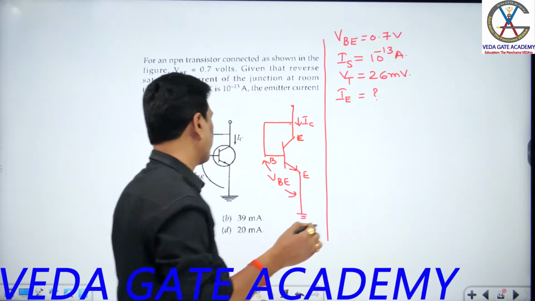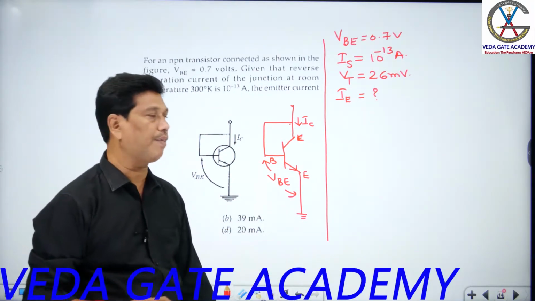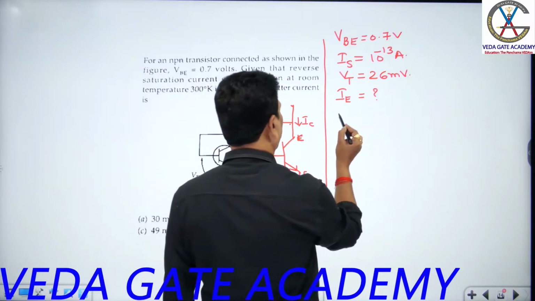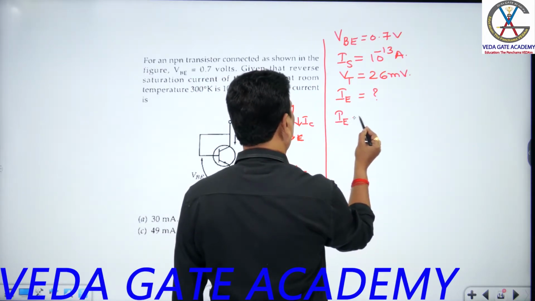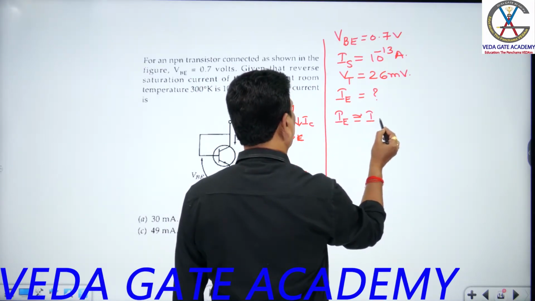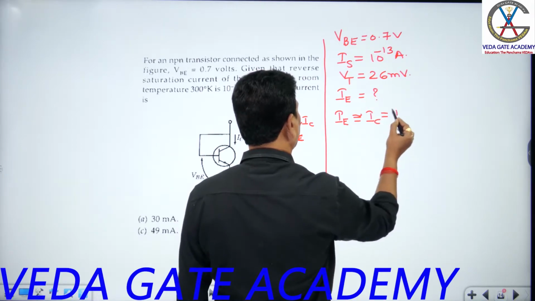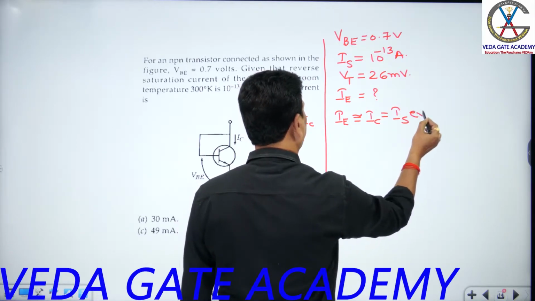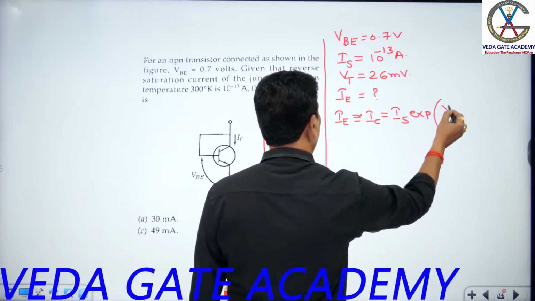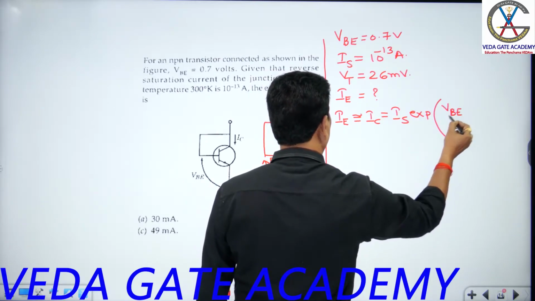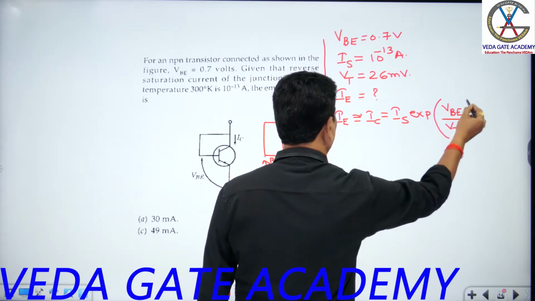So using the Shockley equation for this emitter diode, IE is close to IC, you know. So in terms of this, the current is written as IS into exponential of VBE by VT, students. You don't define any gain factors or all these things.